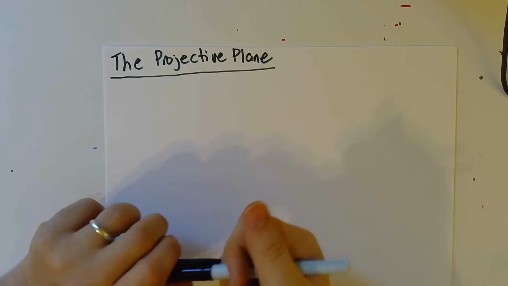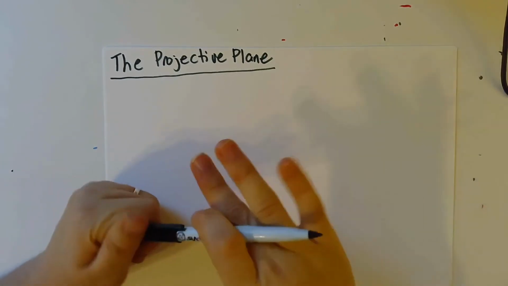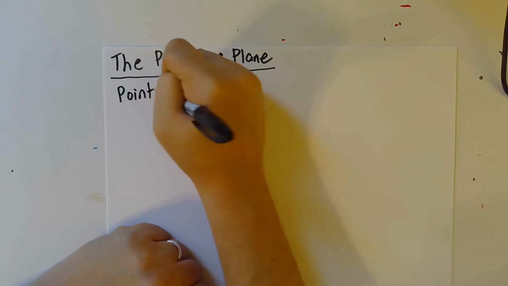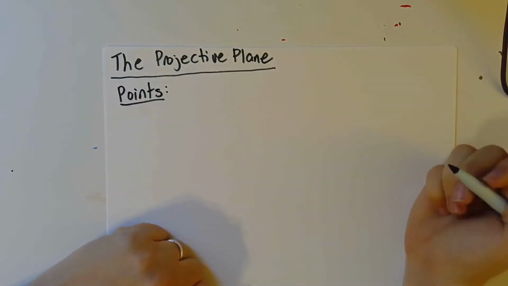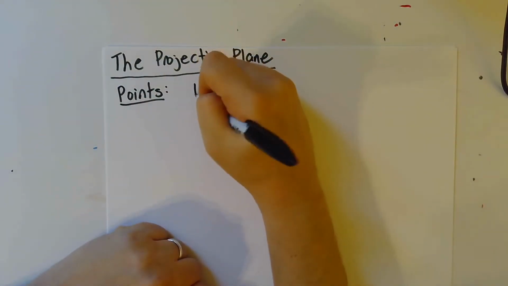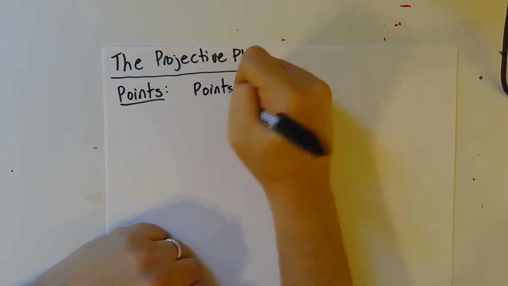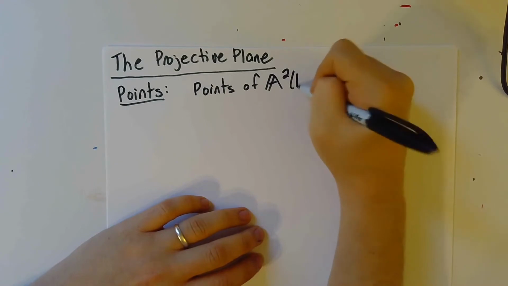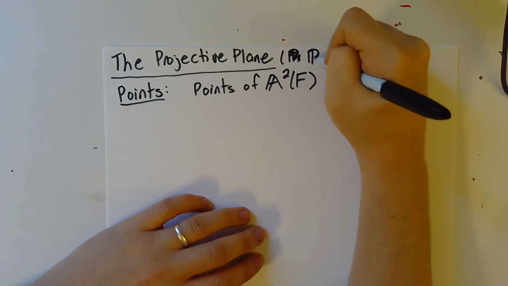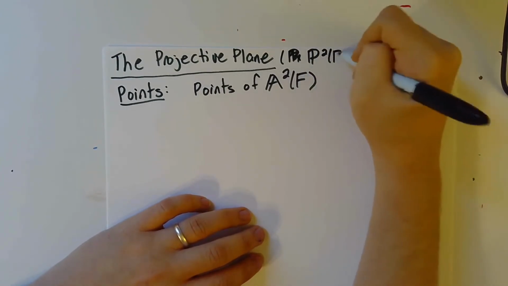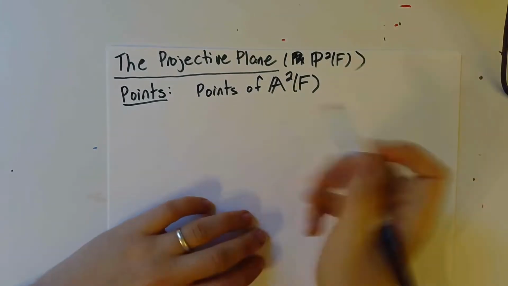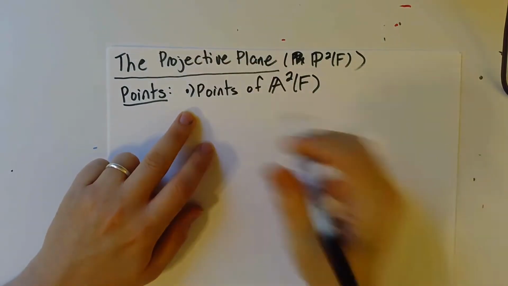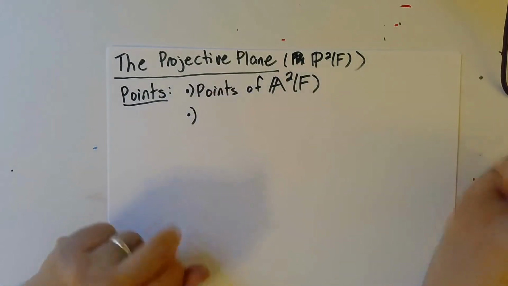So now I want to make this projective plane. So what is going to be the set of points in the projective plane? Well, we're going to start with the points of the affine plane. Okay, so this is the projective plane, which we're going to denote as P2 of F. So the points are going to be the points of A2 of F, but you probably know what's coming.